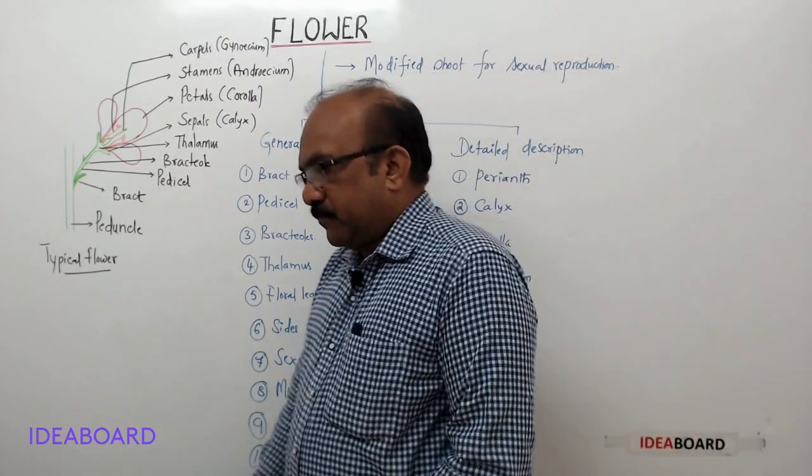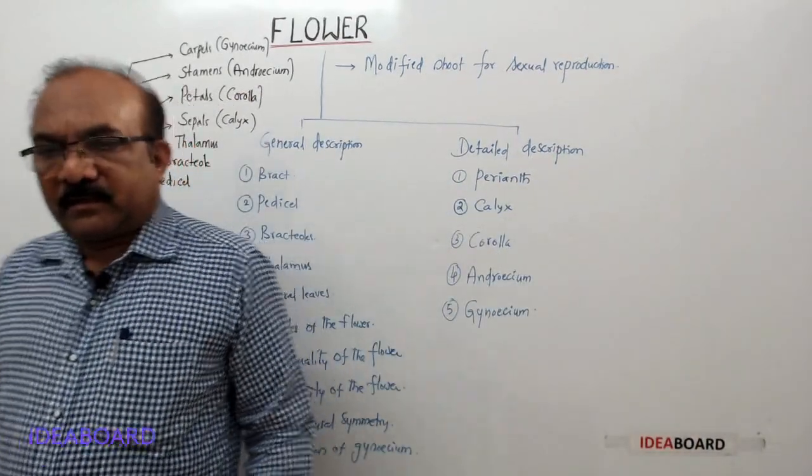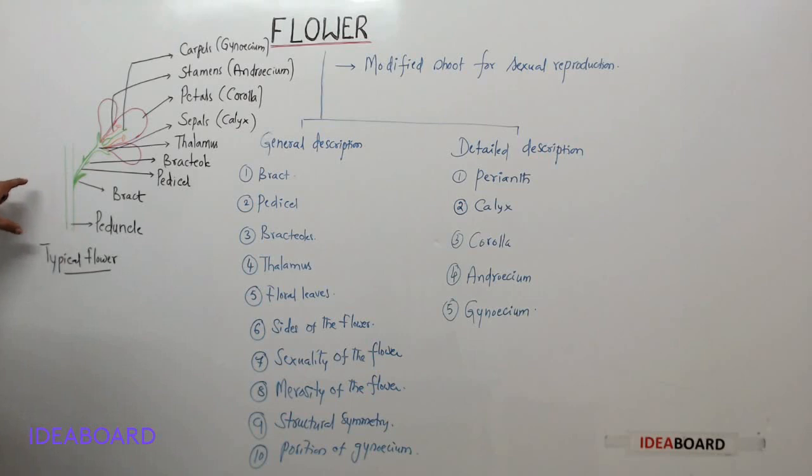For understanding, I drew a diagram of a typical flower. It is a model flower, and as it is a model flower, you can see all parts in it. That means we can't expect all these parts in every flower.